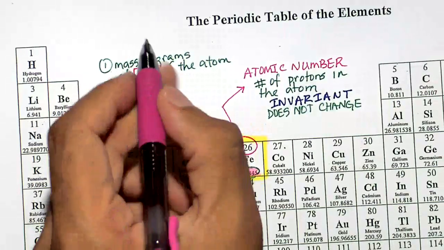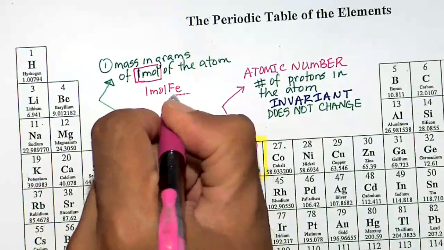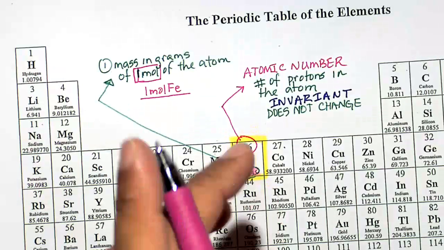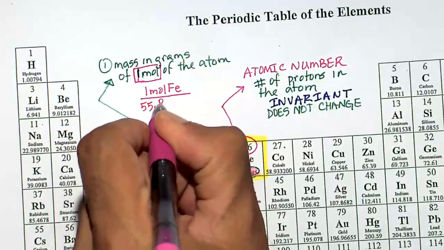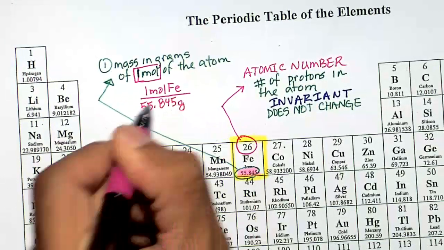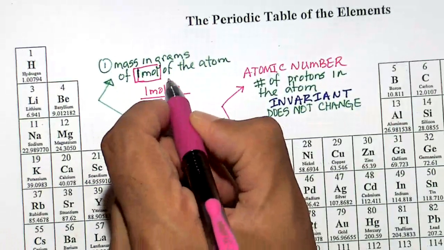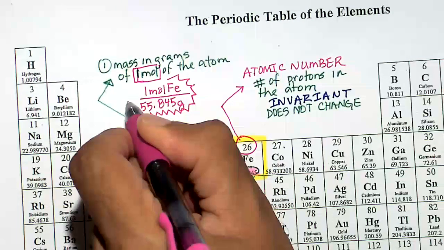So 1 mole of iron contains how many grams? If I were to weigh out 55.845 grams of iron, how much did I give you? I gave you 1 mole.